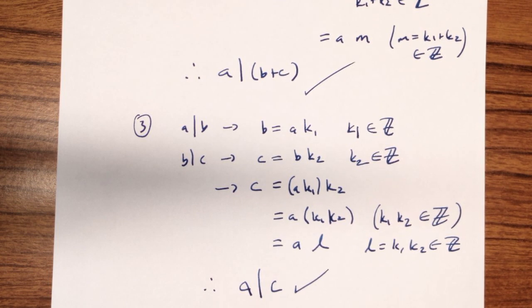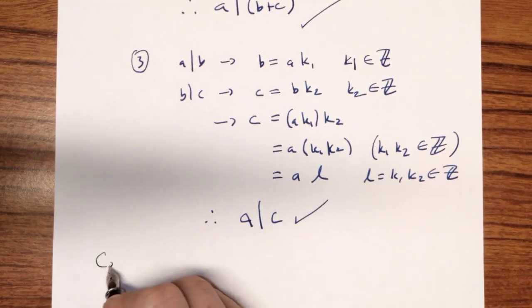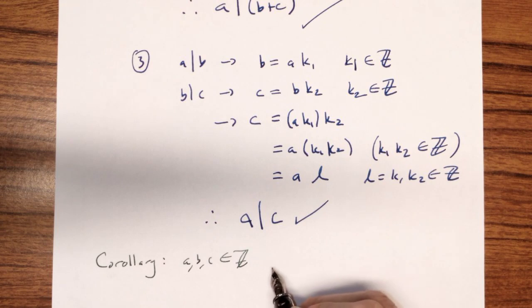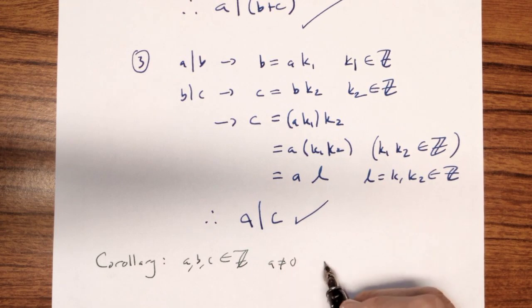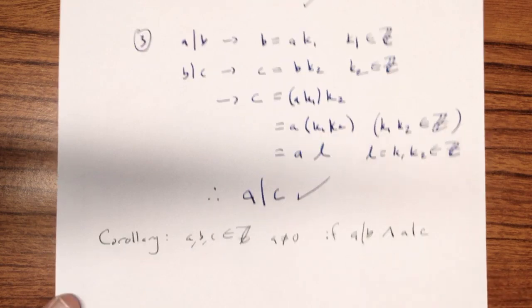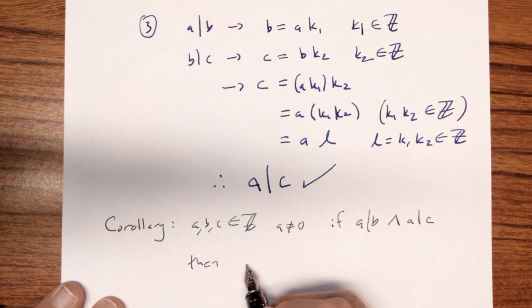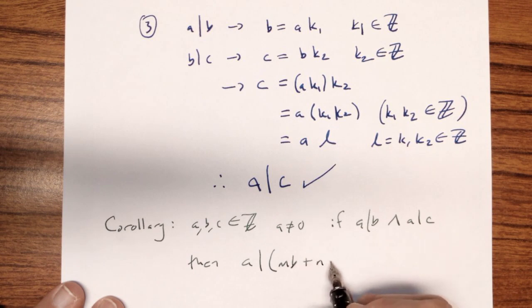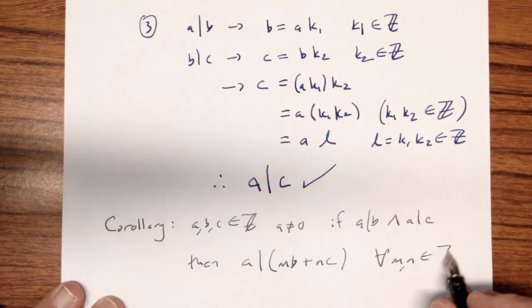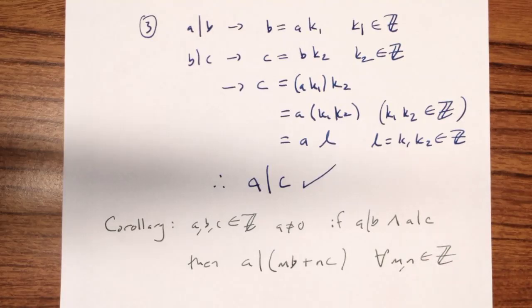By the way, combining 2 and 1 together, we have a very nice corollary. If A divides B and A divides C, then A divides the quantity MB plus NC for all M and N in the integers.